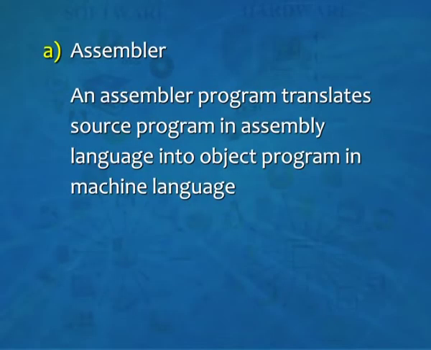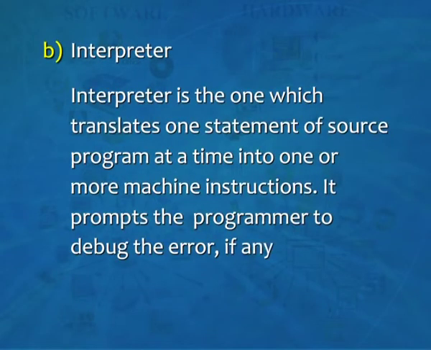An assembler program translates source program in assembly language into object program in machine language. Interpreter is the one which translates one statement of source program at a time into one or more machine instructions. It prompts the programmer to debug the error if any.